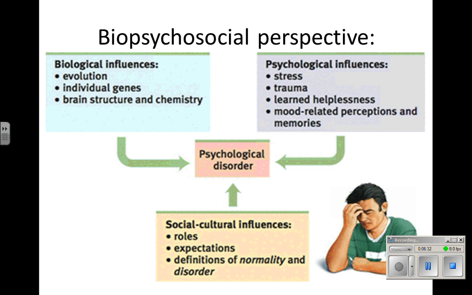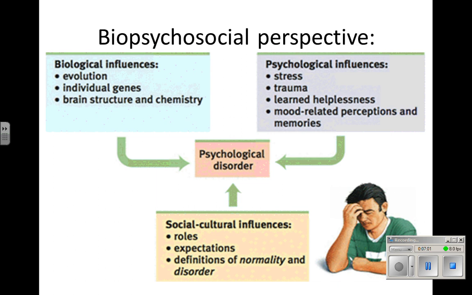Then the big thing behind this that you're going to need to know is this biopsychosocial perspective. We've pretty much talked about this in every unit, how there are biological, psychological, and sociocultural influences that go into creating something. They're all underlying causes. Same for psychological disorders. So there are biological influences: evolution, your genes, brain structure, and chemistry.